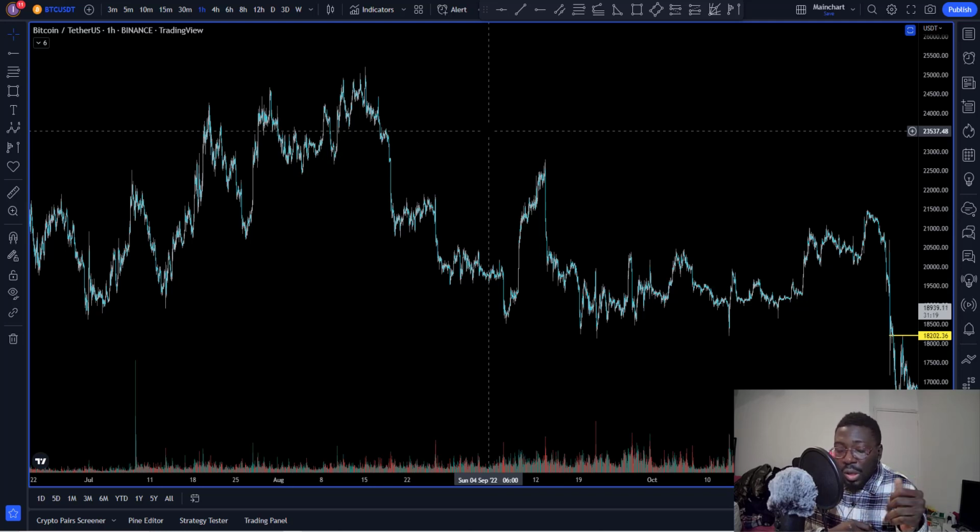Because if you are trading on a lower time frame, there are chances that the swing failure pattern we had on a lower time frame is not going to cascade to a higher time frame. I'm not saying all of them, but the majority. If you got in on a 5 minute time frame and you see a swing failure pattern on a 5 minute time frame, that does not mean we are going to see a trend reversal on the daily time frame. So it's very important you know the time frame you got in on.